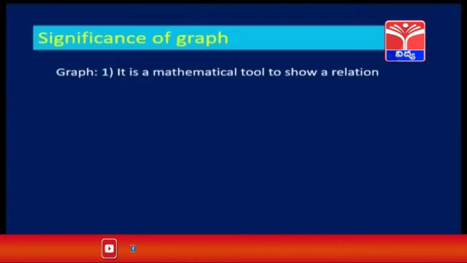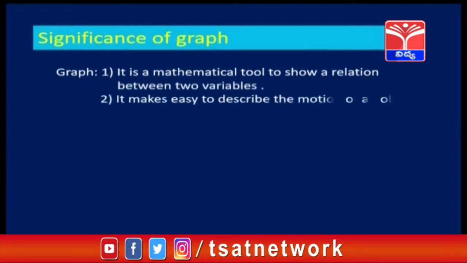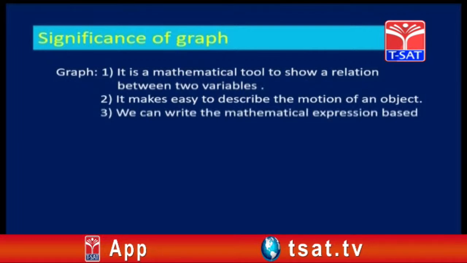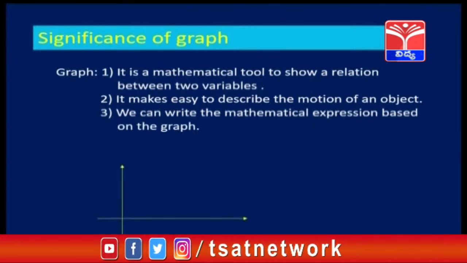What is a graph and what is the use of the graph? Yes, a graph is a mathematical tool to show a relation between two variables. It makes it easy to describe the motion of an object. We can also write the mathematical expression based on the graph. Now in this session we are going to draw the graph between time and distance.